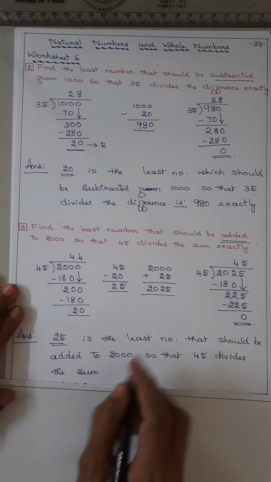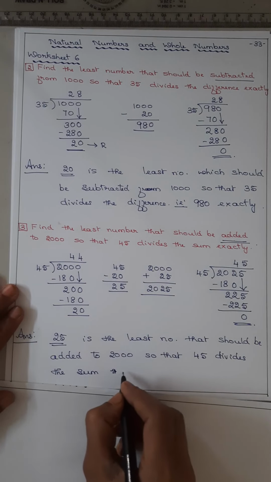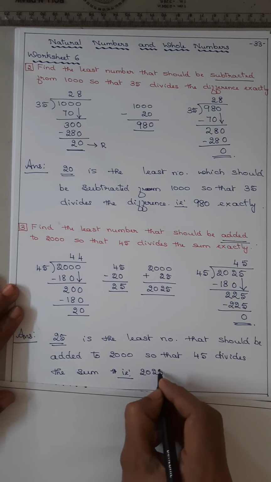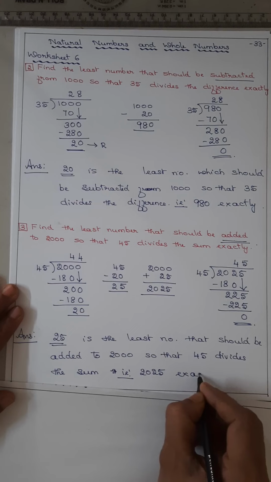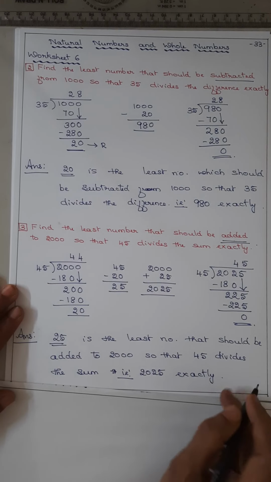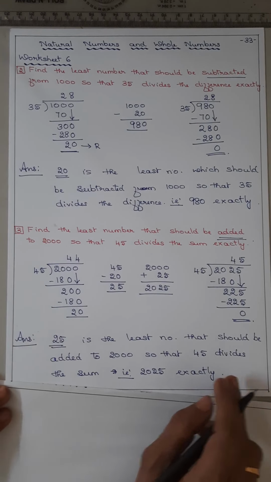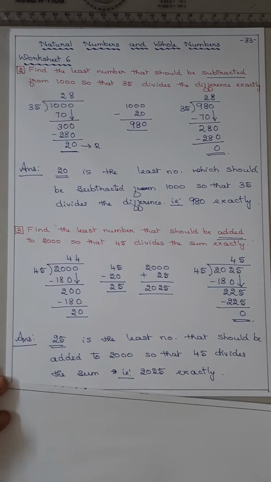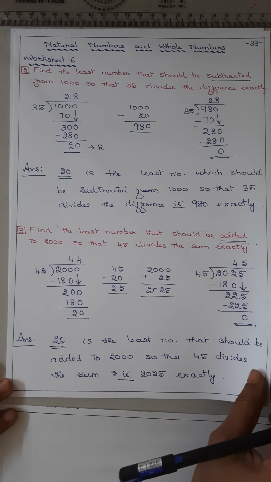What is the sum you got? That is 2025 exactly. Is it clear? So one was subtraction, the other was addition, isn't it?